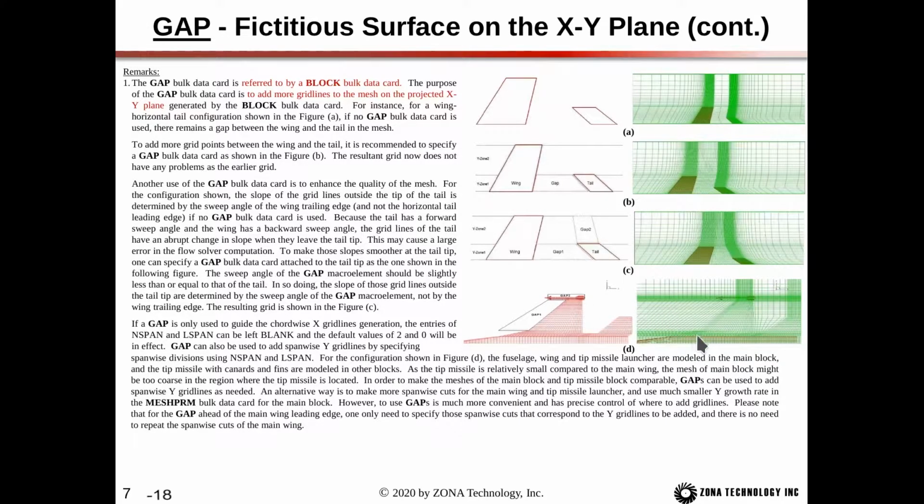So if we look at the resulting figure here, you can see that we have a nice even distribution of grid lines because we've ensured that the grid lines from the body line up with the grid lines from the launcher. Furthermore, it's not shown in this figure, but we do have a gap card in between the wing and the tail to get as nice of a grid as we can here.